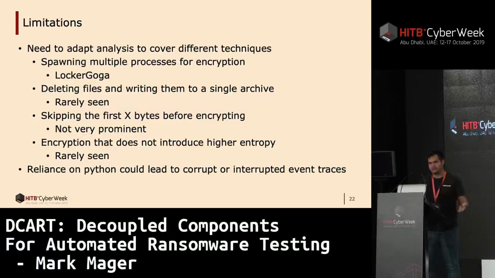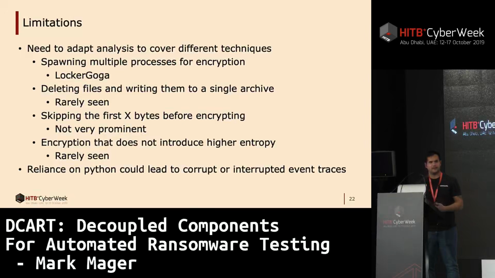But for our purposes, it becomes a little harder to track that activity, because what we're typically looking for is one process modifying multiple files in an anomalous way. What we would have in this case is one process modifying one file and then being immediately terminated, and then a separate process being spawned, and so on and so forth.